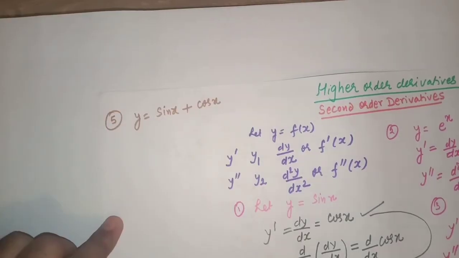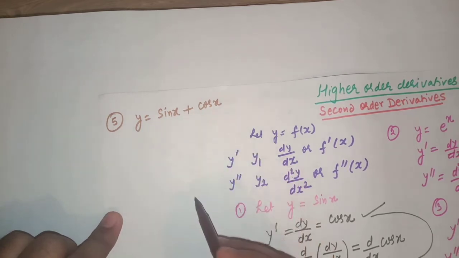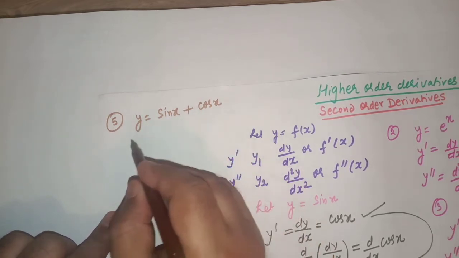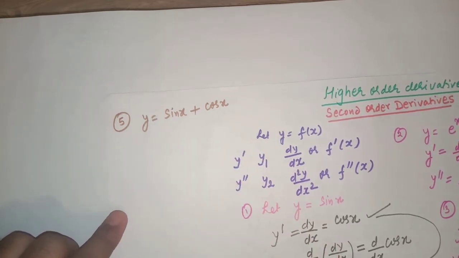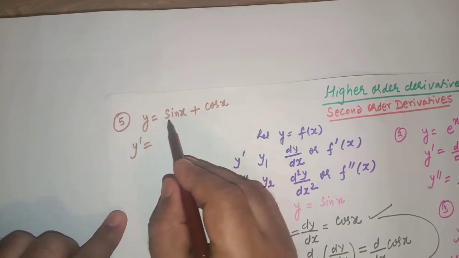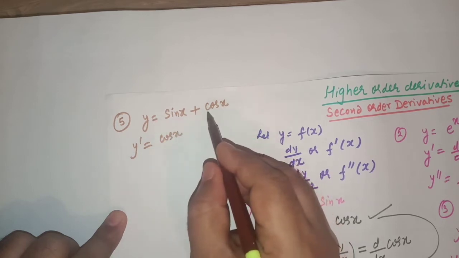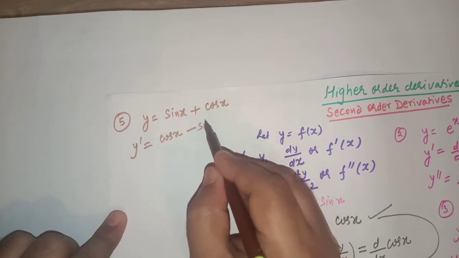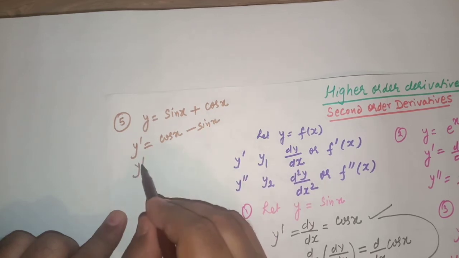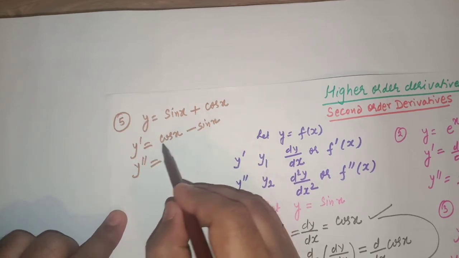Now let us take this fifth example. We have y equal to sin x plus cos x. Now we have to find the second order derivative of y. So the first order derivative y prime is the derivative of sin x, which is cos x, and of cos x, which is minus sin x. Now again, to find the second order derivative, we have to find the derivative of cos x.